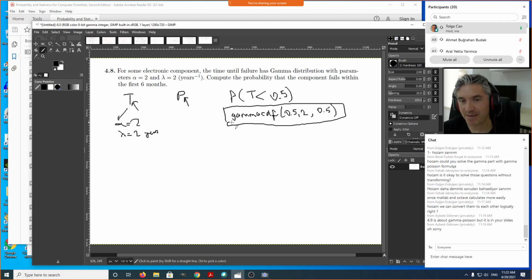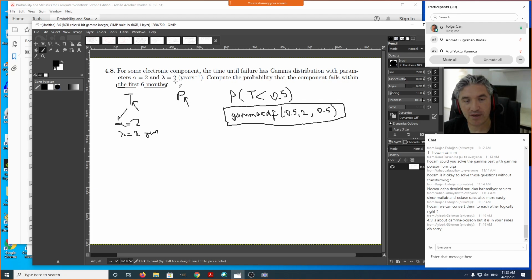But let's see whether we can obtain the same thing by using the gamma Poisson formula. The component fails within the first 6 months. In order to use the Poisson formula, we should first convert our lambda to this Poisson variable. Since this Poisson variable covers 6 months, we need to see what the lambda is in 6 months.